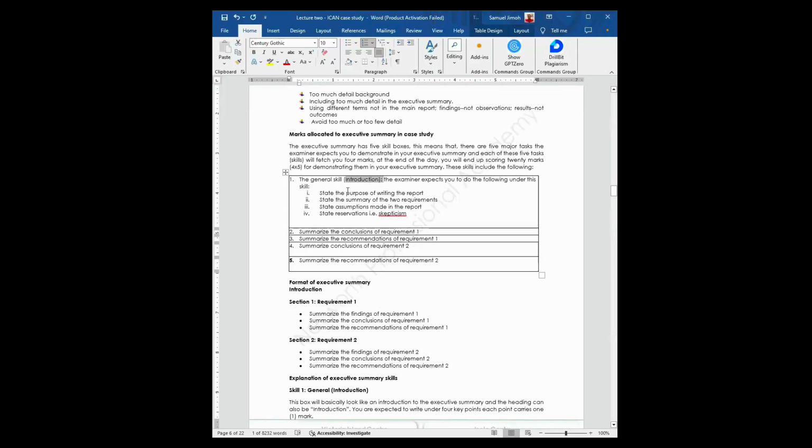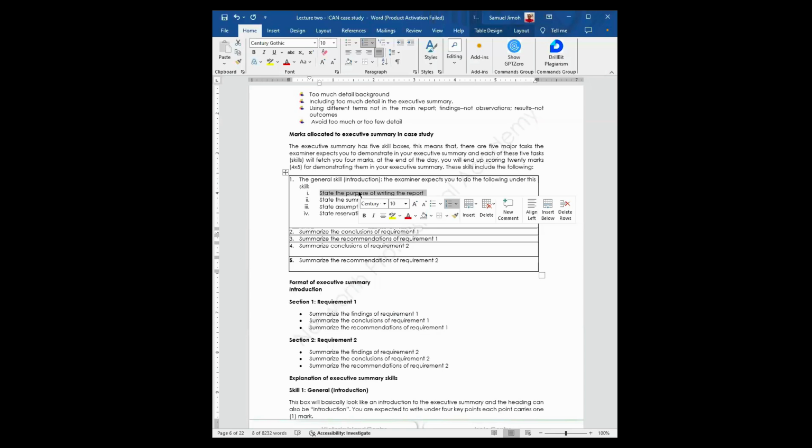The first one is that you are expected to state the purpose of writing the report. What is the purpose of writing that report? The purpose might be that you are asked to help in analyzing the financial performance of a particular business over a period of time.